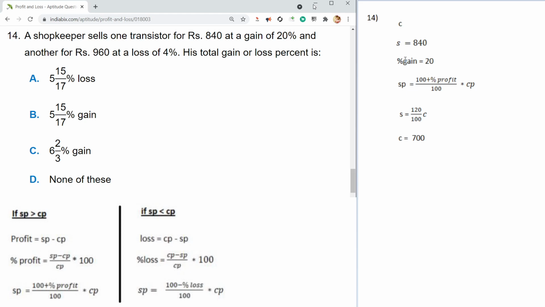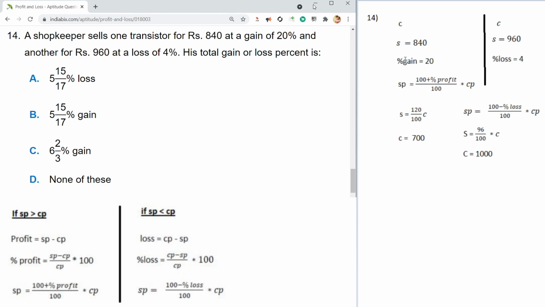We sold it for 960 rupees, and the percentage loss is 4%. What is the formula when percentage loss is given? S equals (100 minus percentage loss) by 100 into CP. If you substitute the S value 960 and percentage loss 4, we get C as 1000.